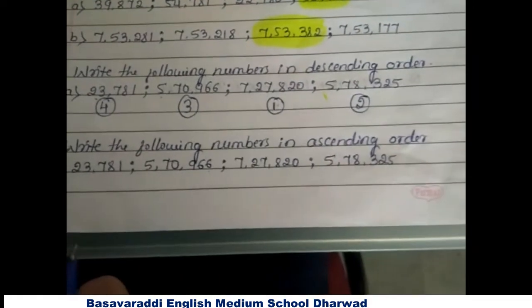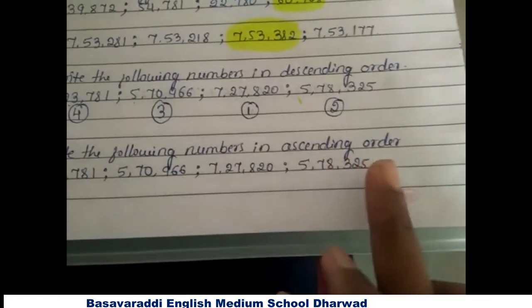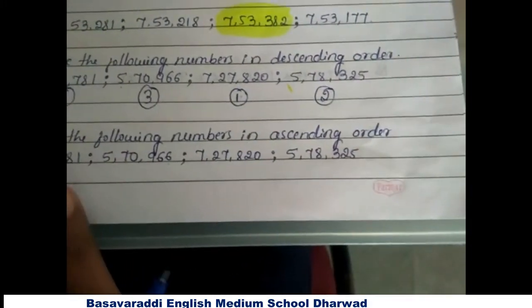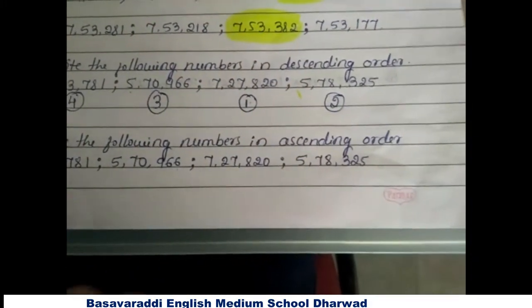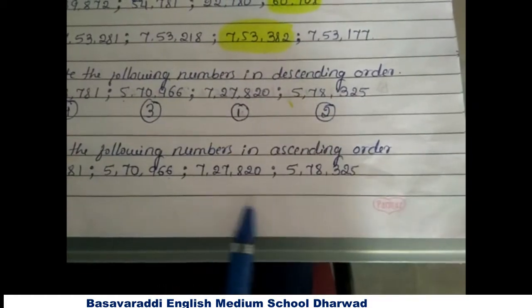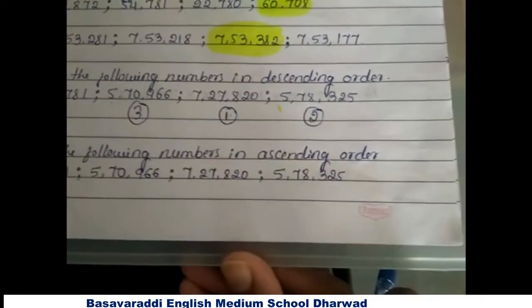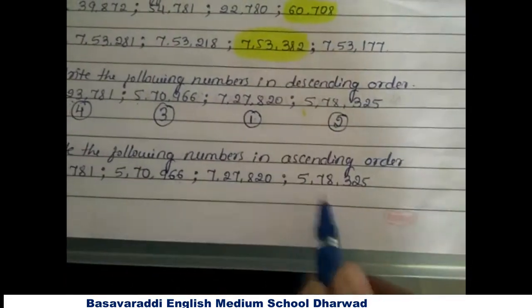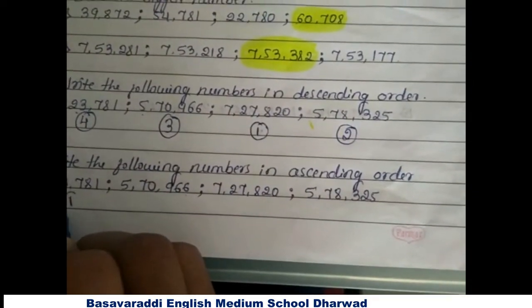Next, sixth question: write the following numbers in ascending order. What is ascending order? Ascending order means small to big. The same numbers are here, so we have to arrange the numbers in ascending order. Which is the smaller one? Yes, this one is the smaller one.